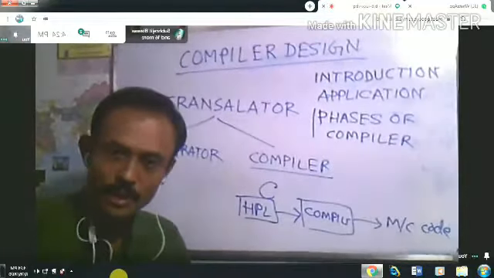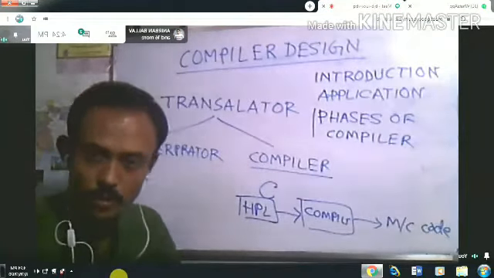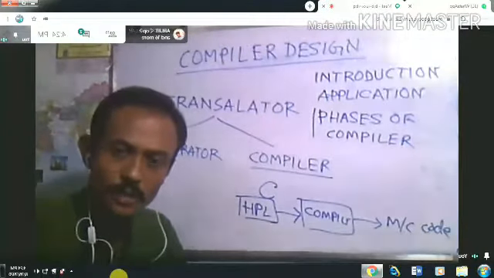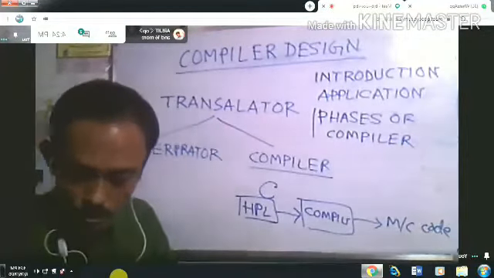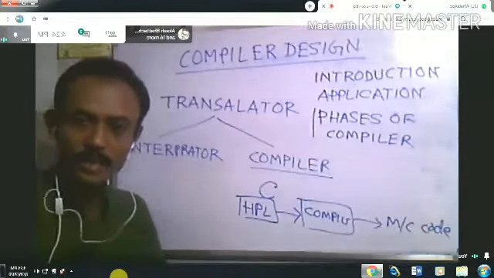We will see those things when we discuss the applications. I think this concept will be more clear to you. So this may be the very simple definition of the compiler.